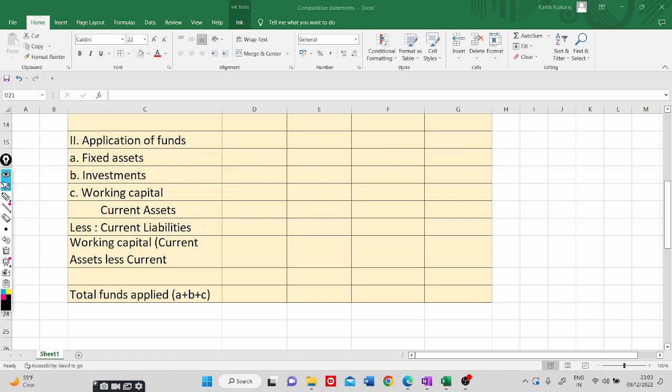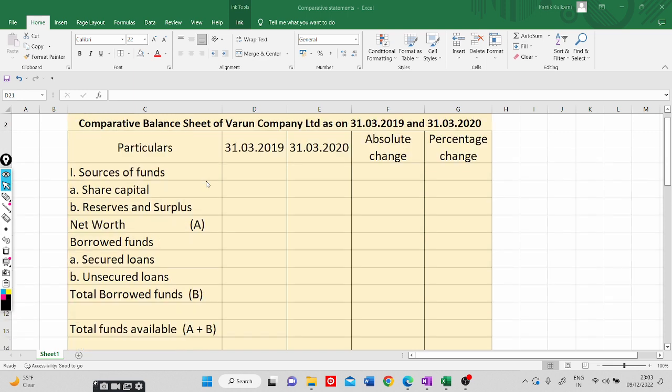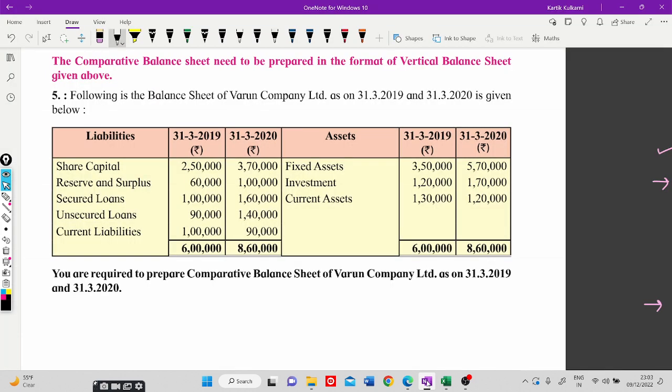Now let's write the data and solve the problem. First, sources of fund, share capital. We can see here share capital in 2019 was 2,50,000 and in 2020 was 3,70,000.